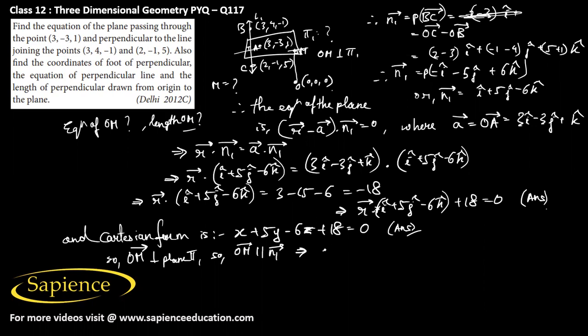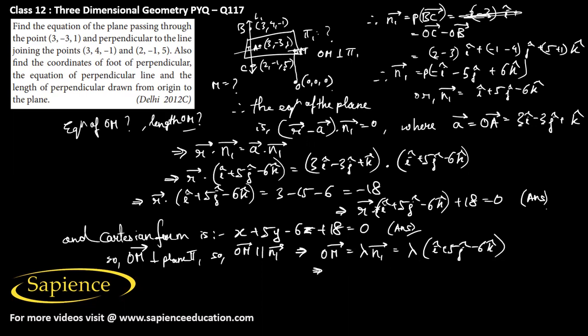So therefore, this OM vector we can tell as some lambda times n1 vector. So that will be equal to lambda times n1, which is i cap + 5 j cap - 6 k cap.